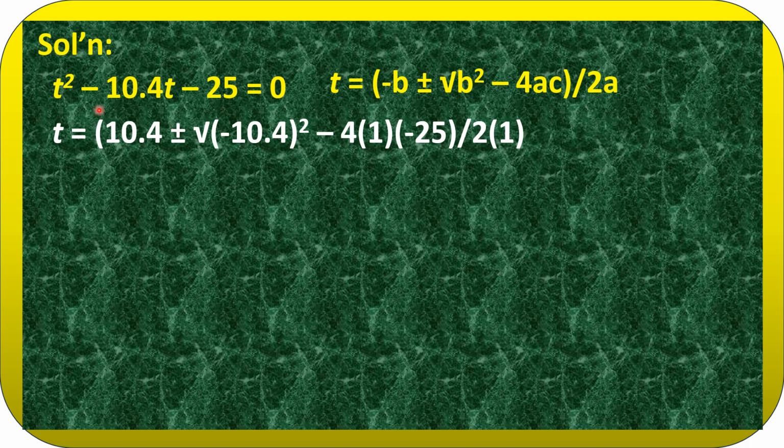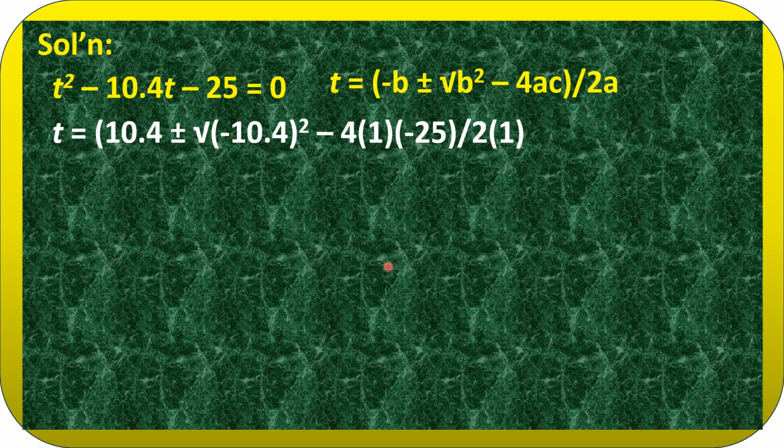But since 10.4 is understood to be negative, and the formula says negative, that becomes 10.4, plus minus square root of the square of b, which is 10.4, square it, then minus 4 multiplied by 1, which is the numerical coefficient of t squared, and c, which is negative 25. Then all over 2 times a, or 2 times 1.